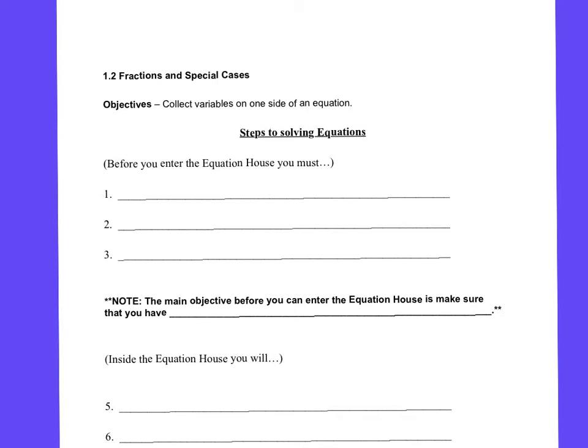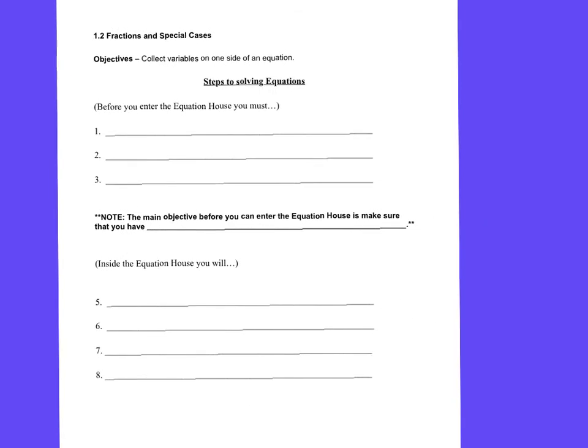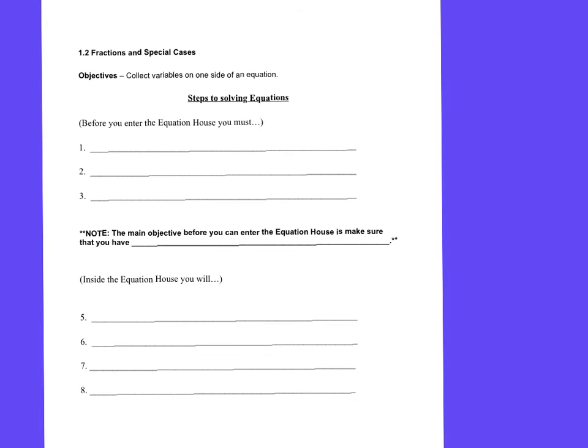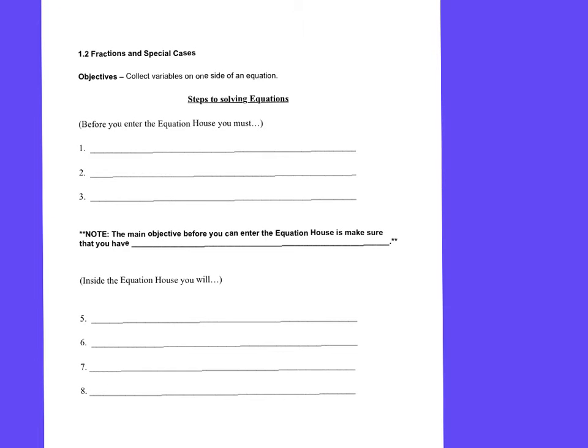So we are going to go over the steps of solving equations. However, we're going to put it into a better visualization here. Instead of just giving you steps and expecting you to memorize them, we are going to build what's called an equation house, okay? There are 3 keys you must have before you can enter the equation house. Follow along with me here.